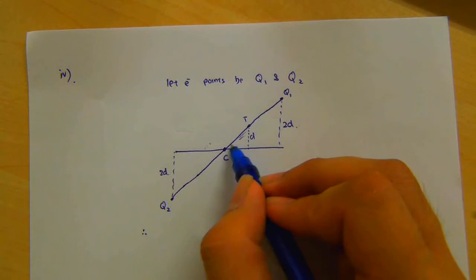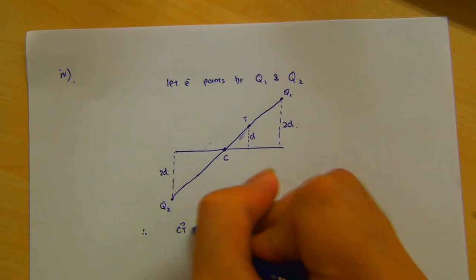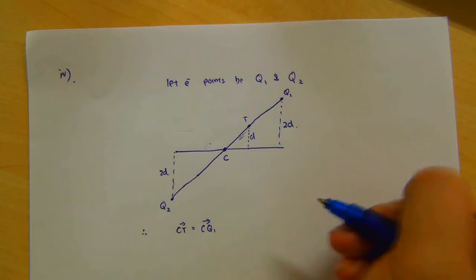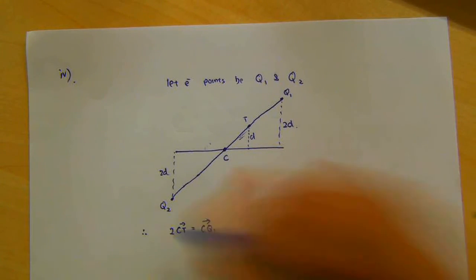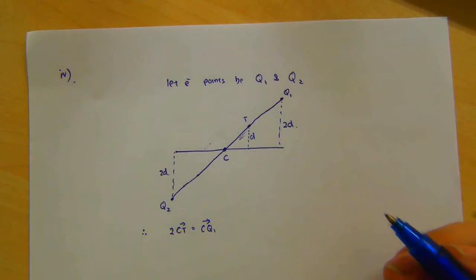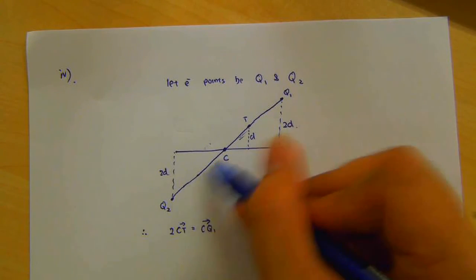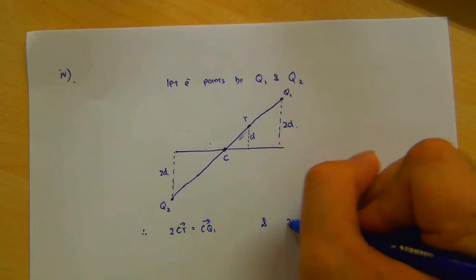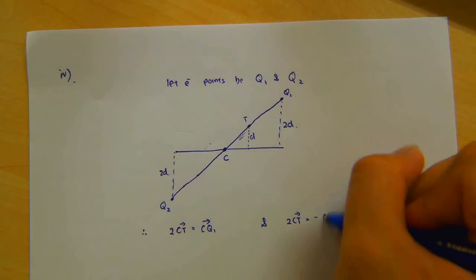So therefore, we can write two times CT equals CQ. And if Q is on the other side, we can write 2 times CT equals negative CQ.